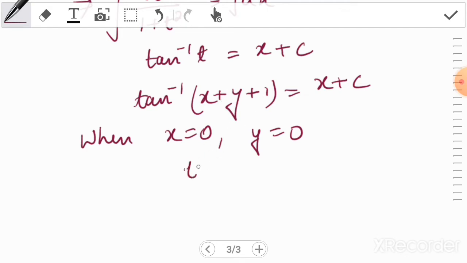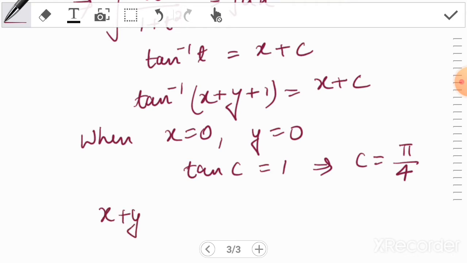That means tan c is equal to 1. That means c is equal to 45 degrees or pi by 4. Hence the solution is x plus y plus 1 is equal to tan (x plus pi by 4). Right?